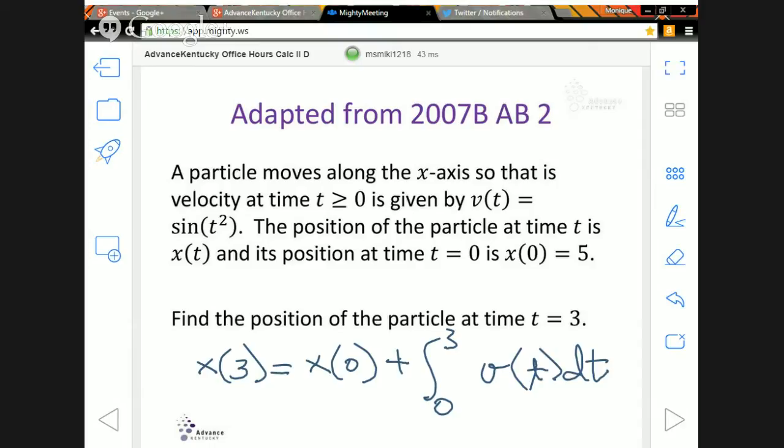So x of 0 is 5, plus the integral from 0 to 3 of the sine of t squared dt, and that's going to give me the position that we want.